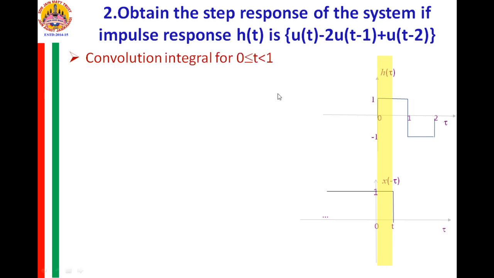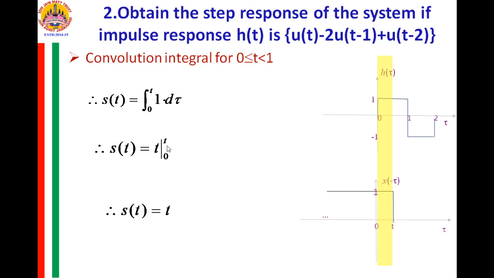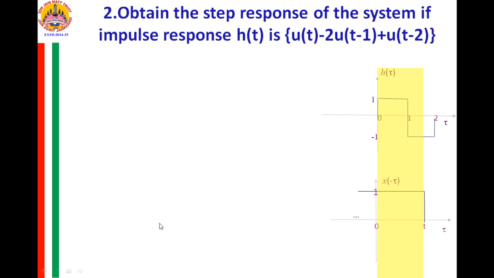So let us convolve in this region of t which is in between 0 to 1. So s of t, the step response of the system, is equal to integration 0 to t. Now amplitude of both of these is 1, so the product is 1 into d tau. So this is tau, and when you substitute the limits you will get s of t is equal to t.